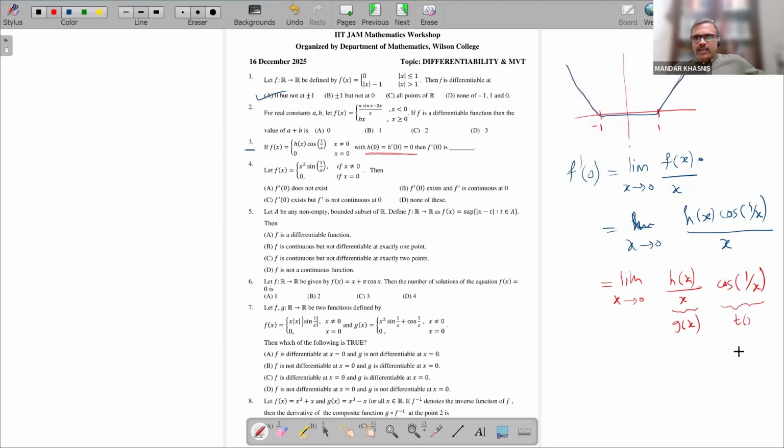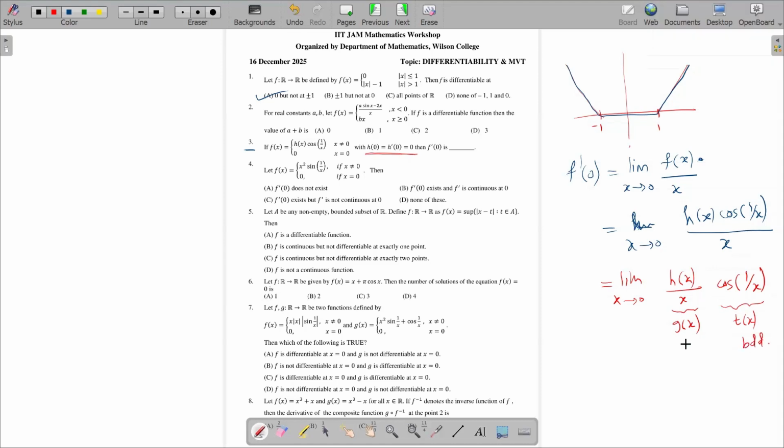Then this is gx into tx. Note that tx is a bounded function, and the limit of gx is going to go to 0.